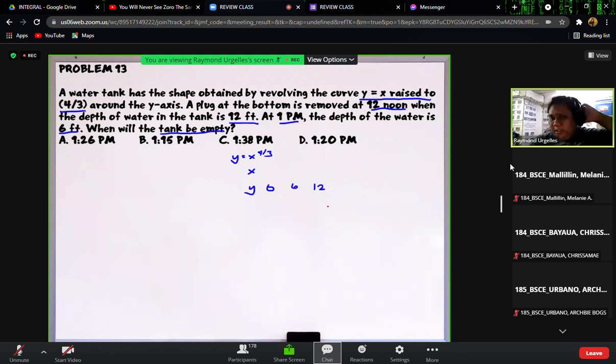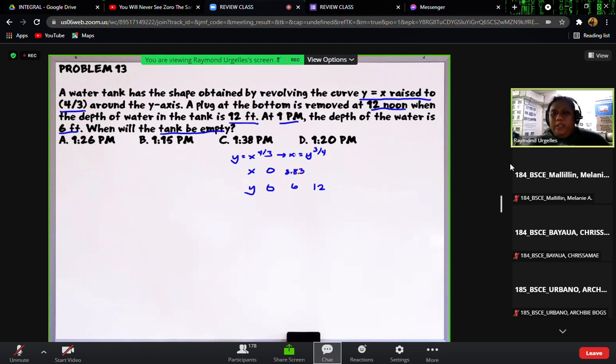If we solve for x, x will be equal to y raised to 3/4. Again, it's just the reciprocal when you move the exponent to the other side. At y is equal to 0, x is equal to 0. At y is equal to 6, 6 raised to 3/4 is 3.83.